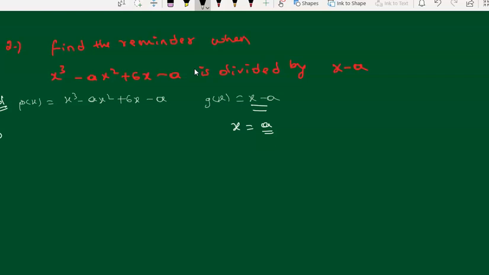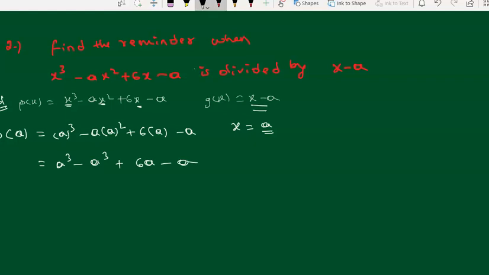What is the value of a here? The value of a is a itself here. So replace x with a, that is a cube minus a already we have. In place of x I am gonna put a square plus 6. In place of x I am gonna put a and minus a. Here a cube means a cube only. So minus a into a square is nothing but minus a cube plus 6a minus a.